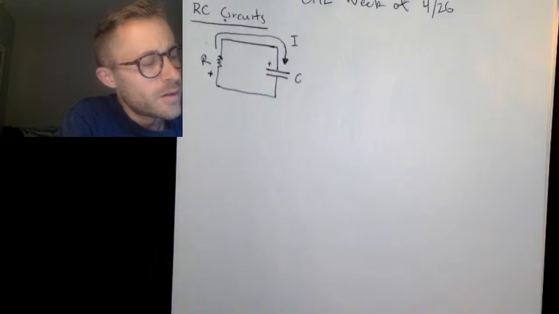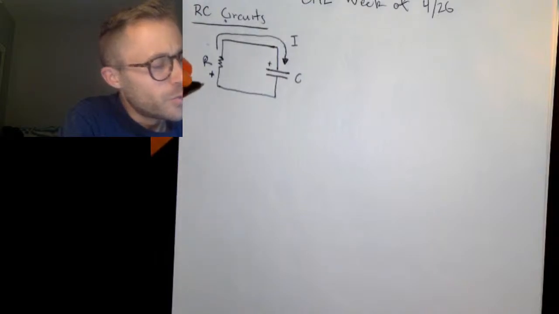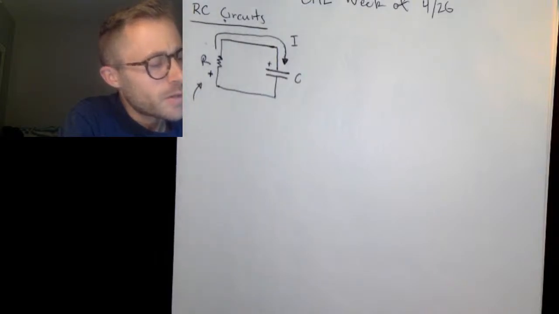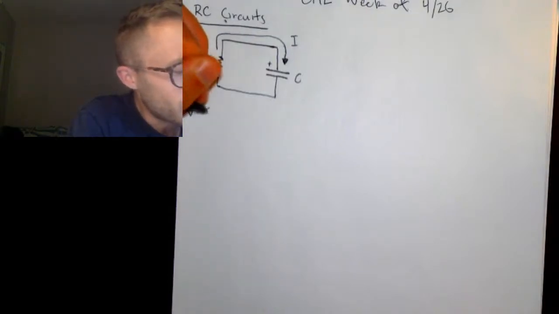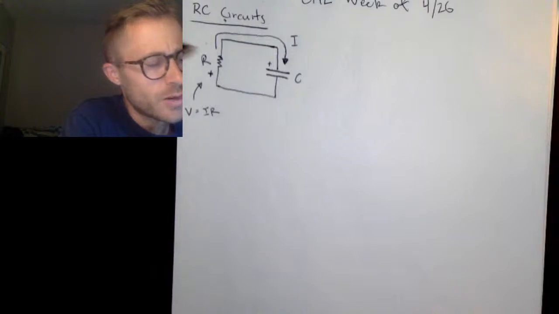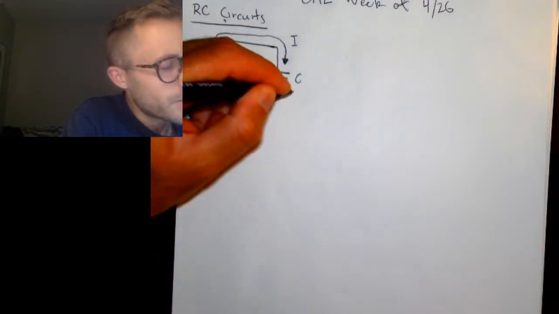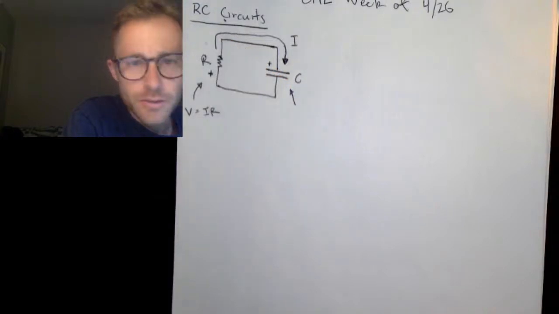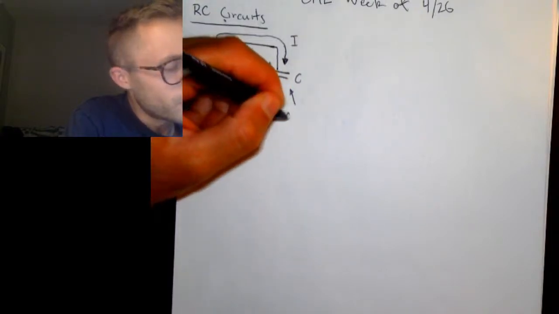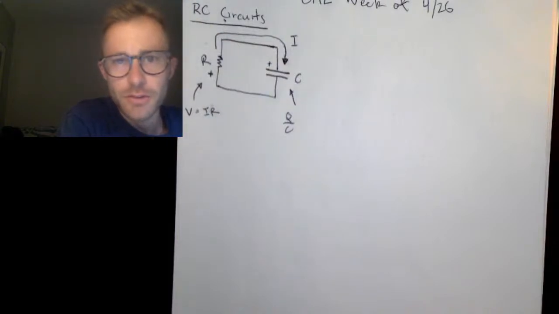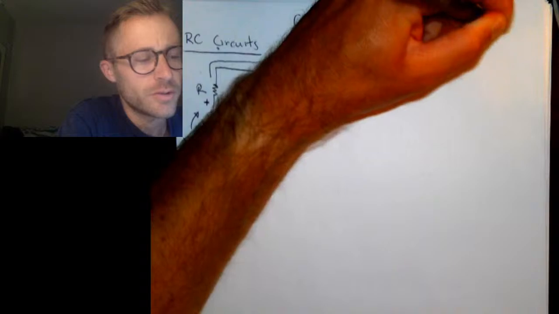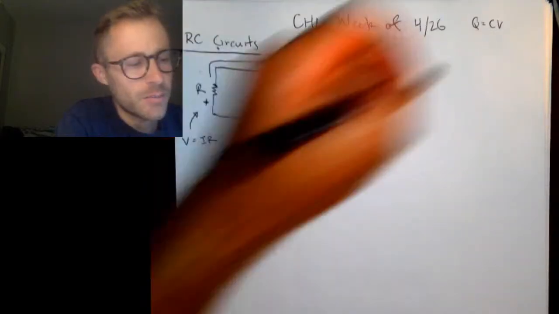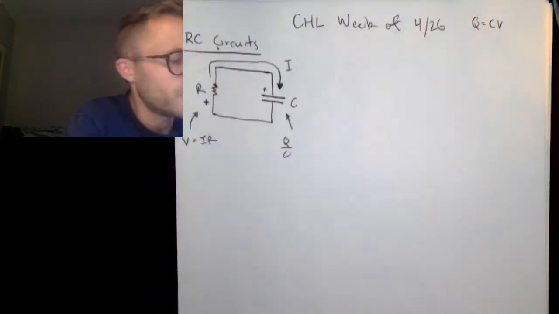Now, the voltage drop across a resistor is I times R. So that's Ohm's law. And then for a capacitor, the voltage drop is Q over C, because remember, the main equation for a capacitor is Q equals CV. Dividing both sides by C, we get Q over C.